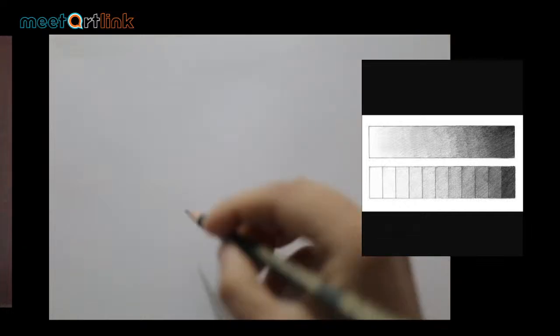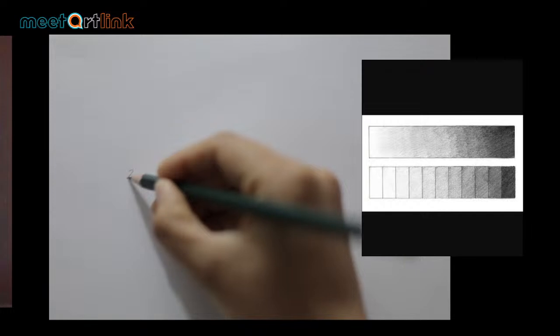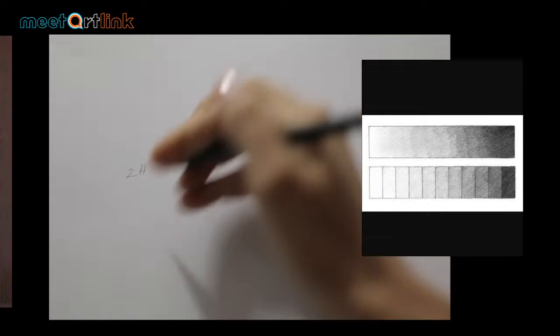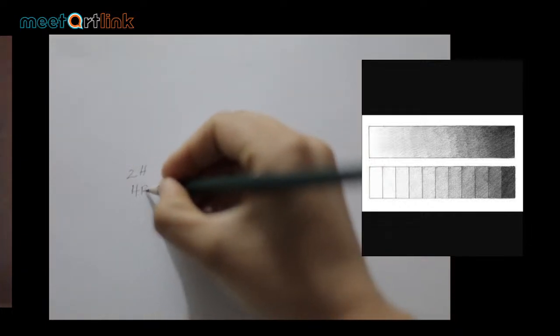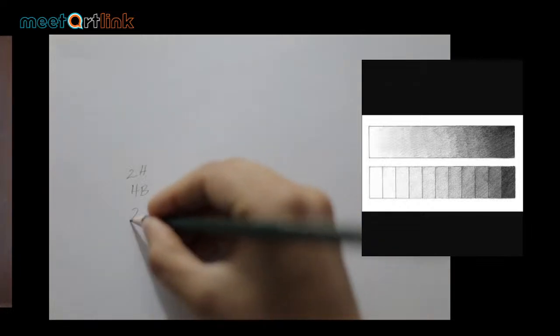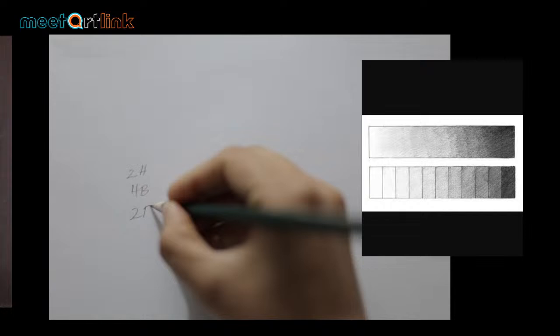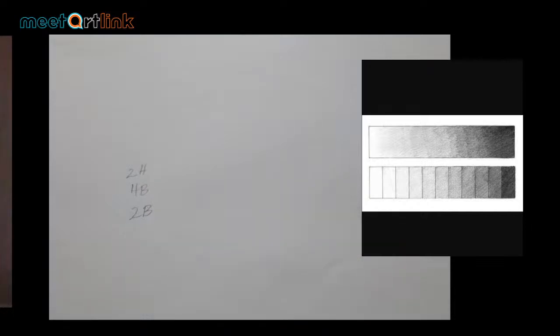Alright, so yeah, everything starts with a sketch. And we have different pencils to do this. So as I was mentioning, I have a 2H, I have an HB, and I have a 2B. And the difference between these pencils is the hardness. So the H means hard.